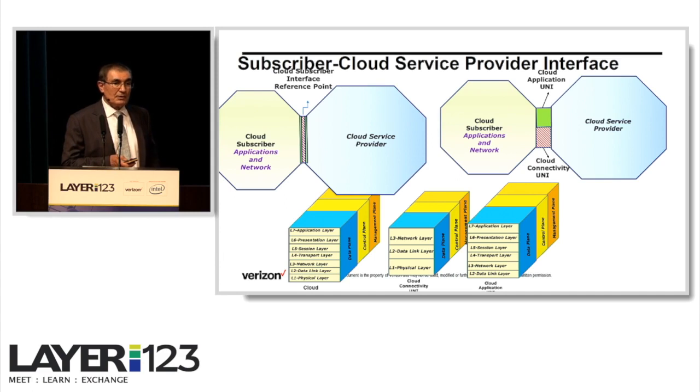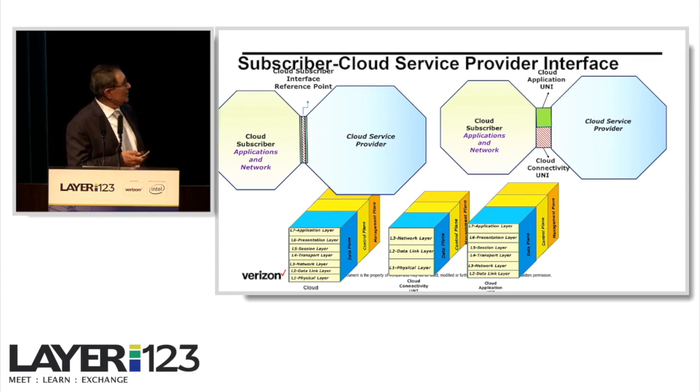What we do basically is anything beyond the connectivity we call application, as opposed to the application term that is being used in industry today. And there are a lot of reasons for doing that. And as you can see, in the protocol stack, the cloud subscriber interface can actually be layer 1 to layer 7, or they may break into the connectivity and the applications.